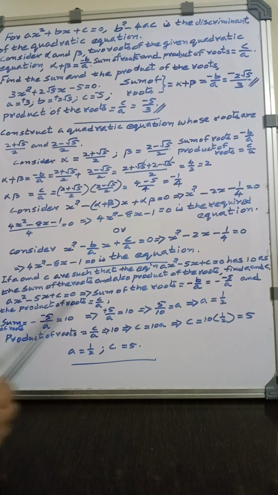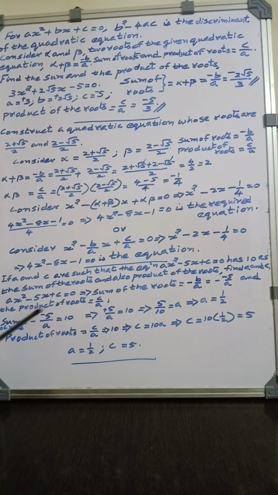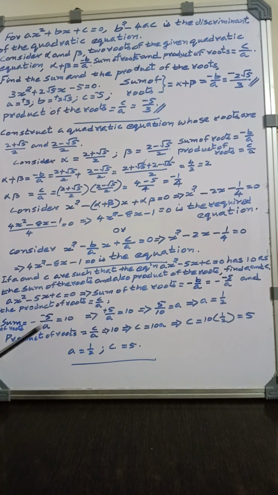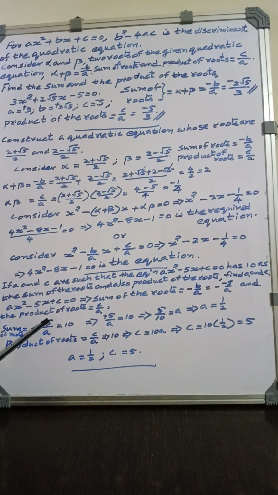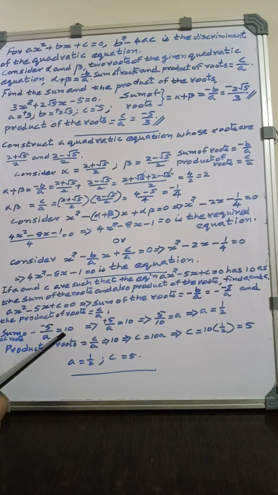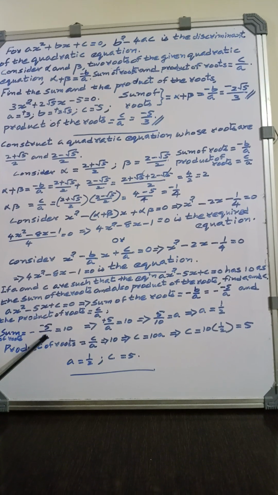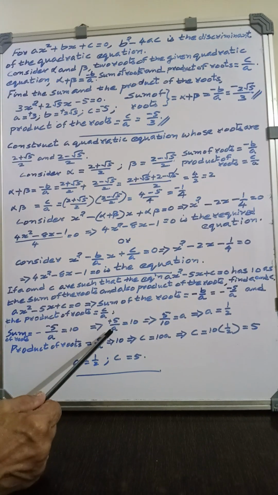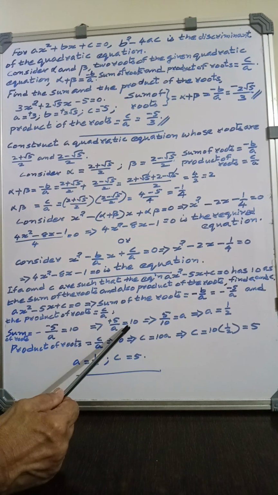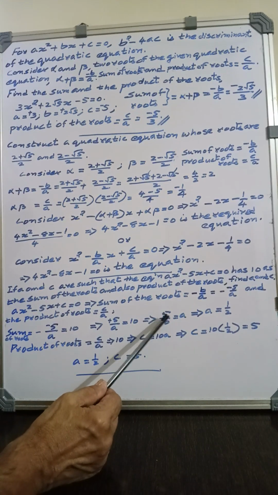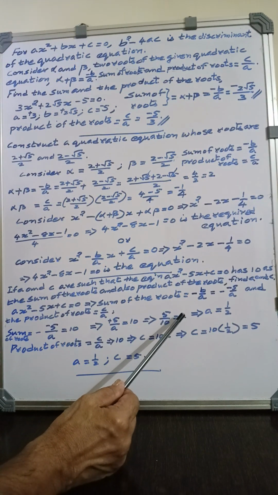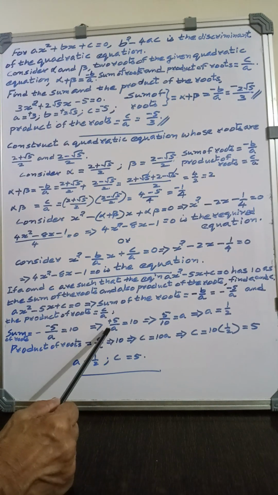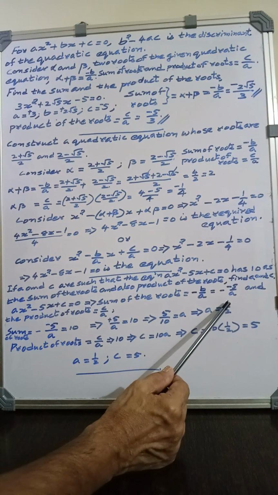Here there is a, and the product of the roots equals c by a. Sum of the roots, minus of minus 5 by a equals 10. Minus of minus 5, plus 5 by a equals 10. That is 5 by 10 equals a. A I brought here and 10 towards here. That is a equals 1 by 2.